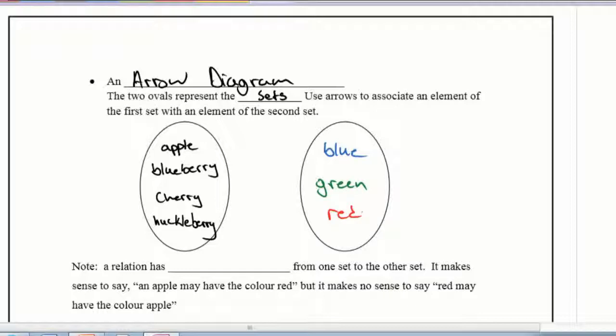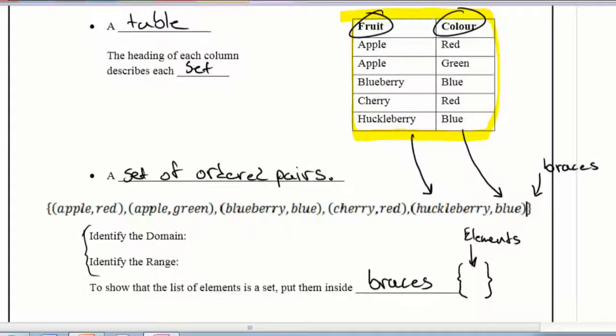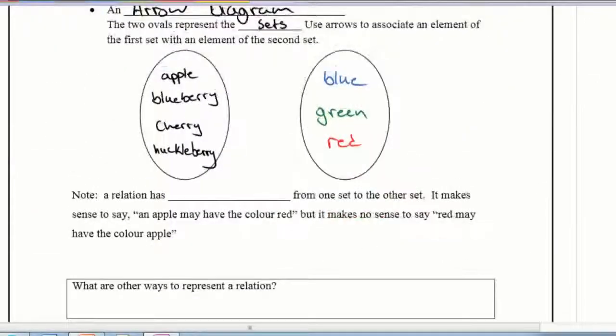So we need to connect our two sets with some arrows. We said up above that apples may have the color, and we decided that apples would probably be red, or apples could be green. So we have apples, and it can be red, or they can be green. Two choices. Blueberries, generally speaking, would always be blue.